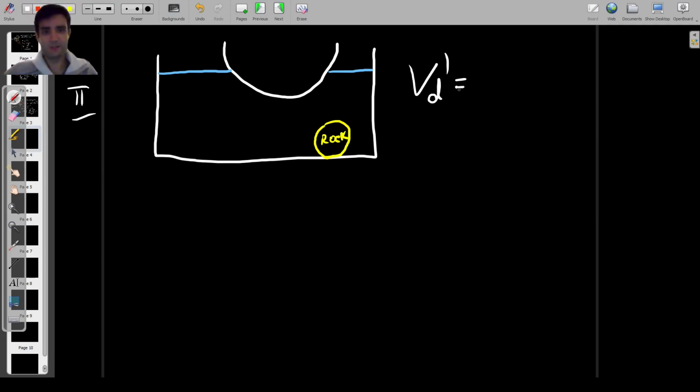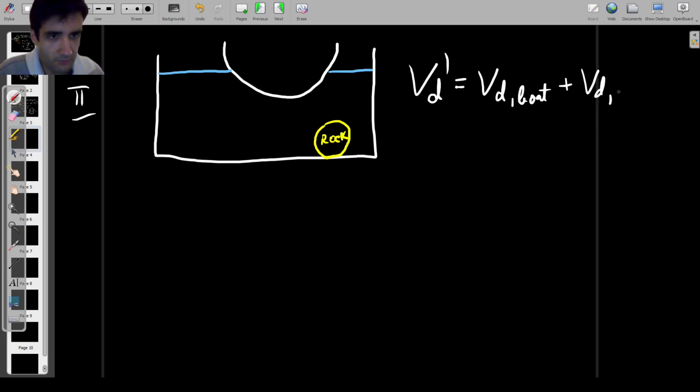Let's call the displaced volume, let's put a prime just to distinguish it from the previous one. So now the displaced volume of water in the swimming pool is actually caused by two things. It's caused by the boat, and it's also caused by the rock itself.